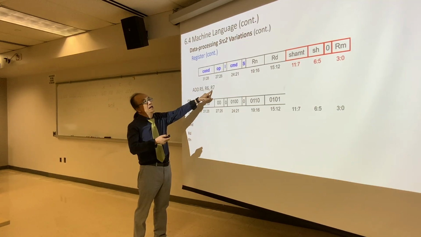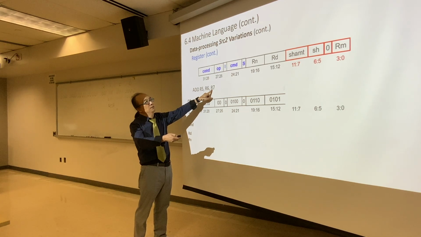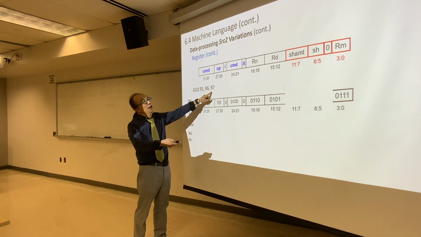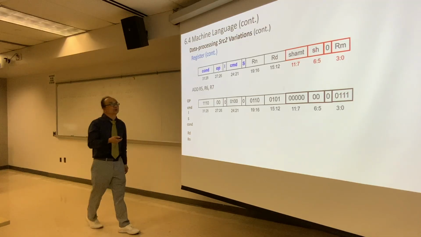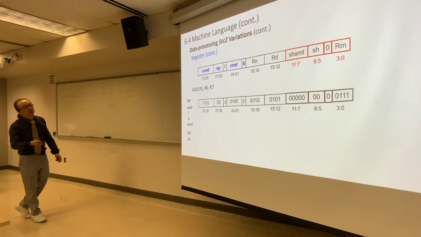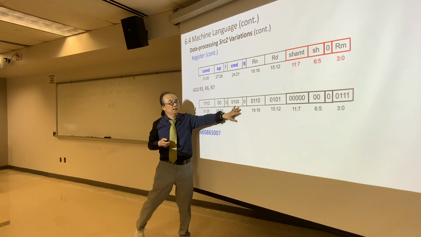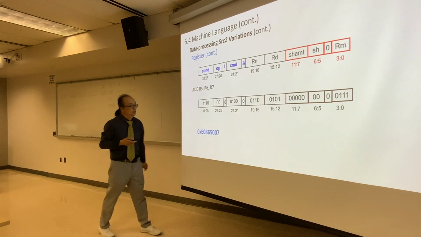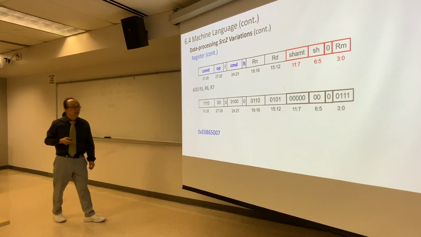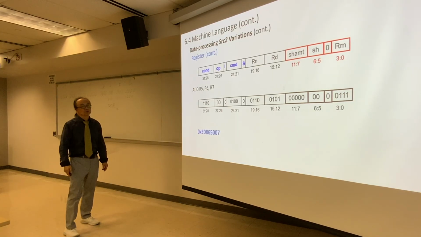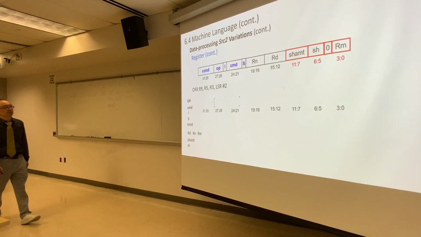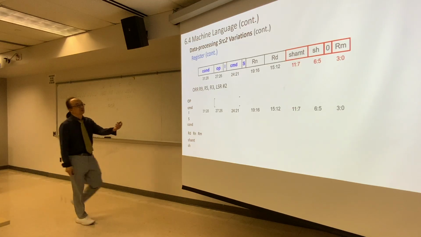We have RM as R7, that's the 7, and the rest, there is no shift amount or shifting, we need to put just zeros, all of those. If we put that all into hex, this is going to be 0xE0865007. We got it?